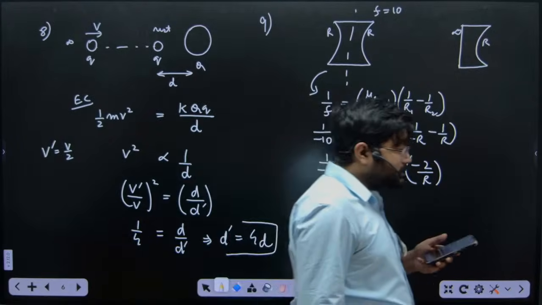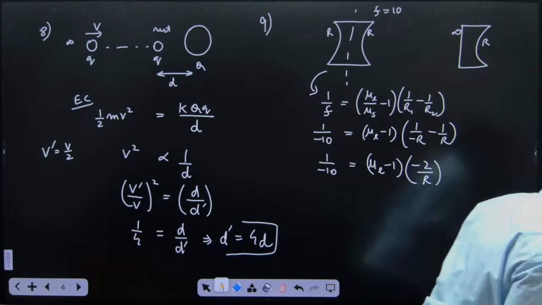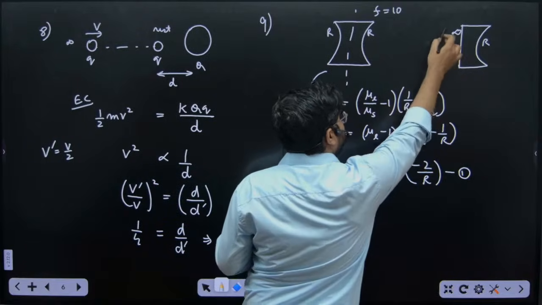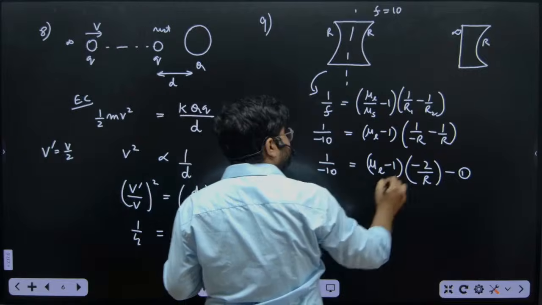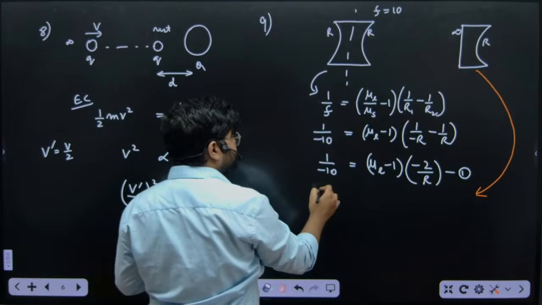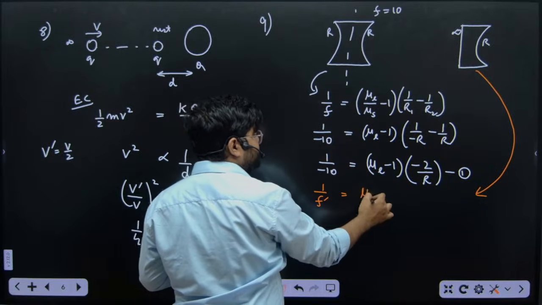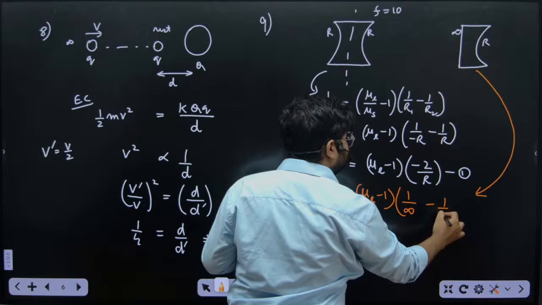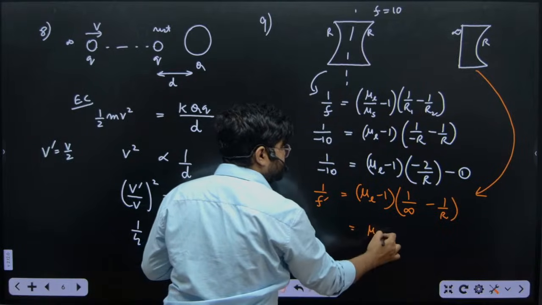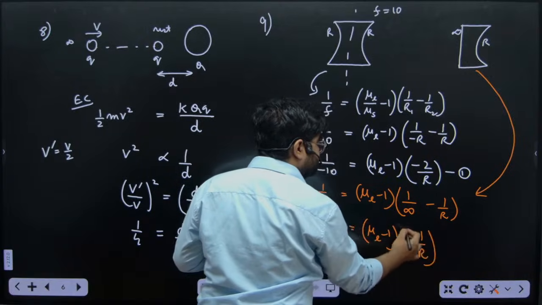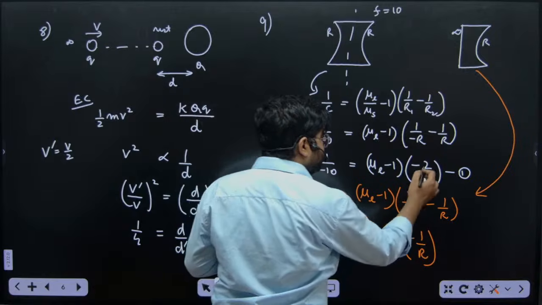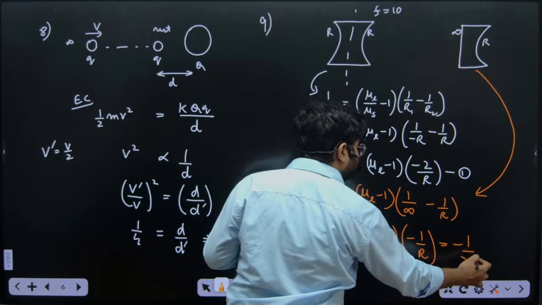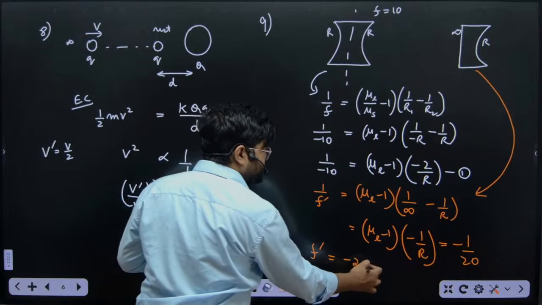Okay, you can comment in between, there should be a little conversation. So I got one expression. Let's write for the other one. For this, 1/f', whatever f' is, we have to find it. 1/infinite minus 1/r, so this seems to me minus 1/r. So if we bring this 2 downwards, we'll have the exact same expression, so this seems −1/20, so the focal length of each lens is −20.